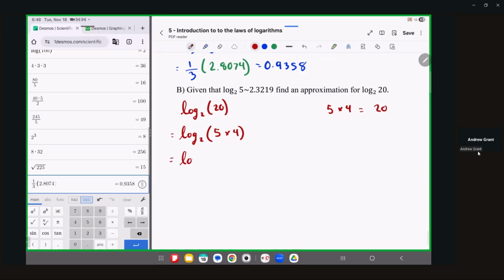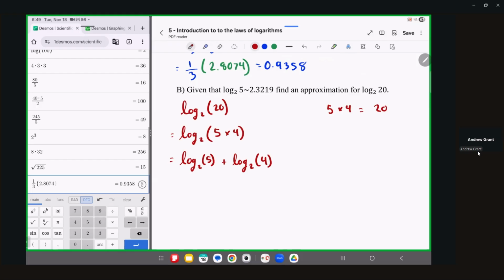And so that'll give us log base 2 of 5, which we have a decimal answer for, plus log base 2 of 4.